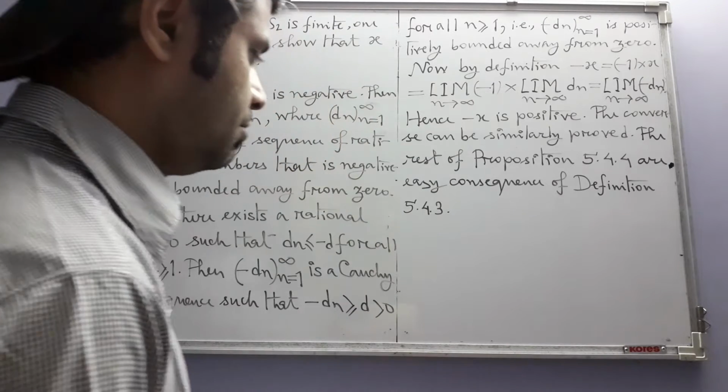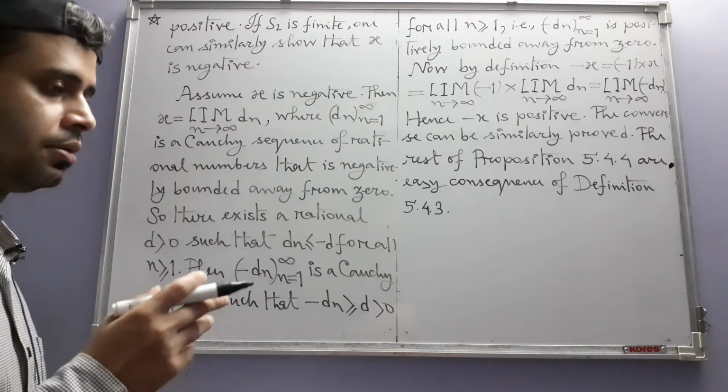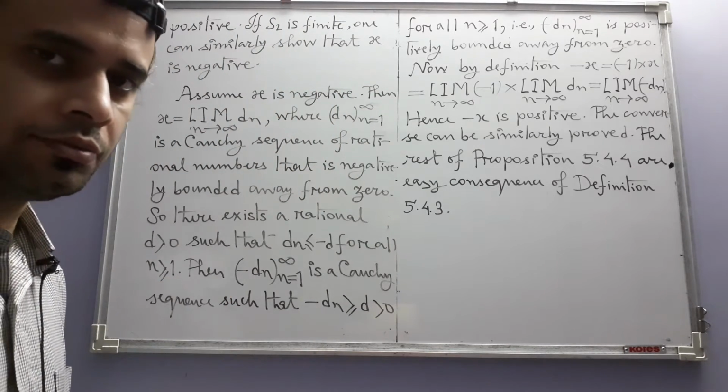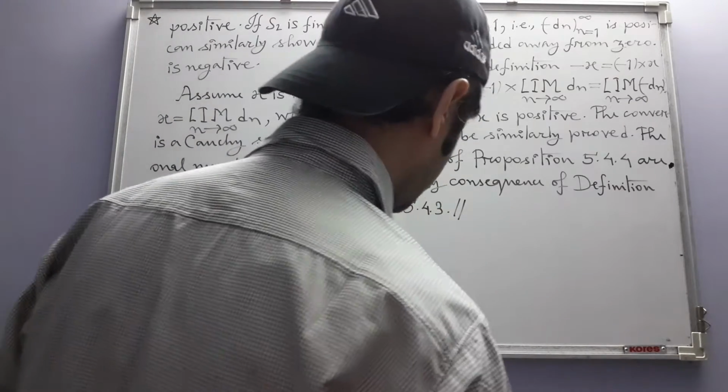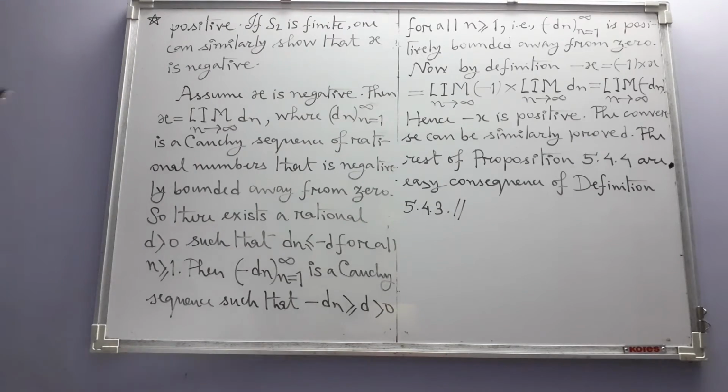This is the definition which defines positivity and negativity of real numbers. So here the solution ends, the proof of this proposition ends.